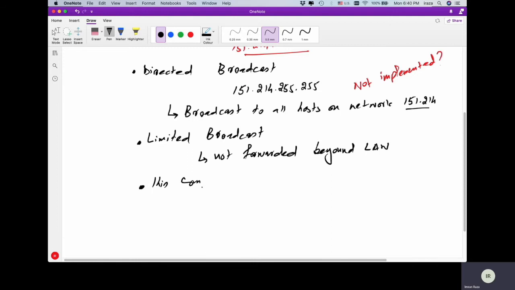And the other address that we reserve is called this computer, right? And this address is 0.0.0.0.